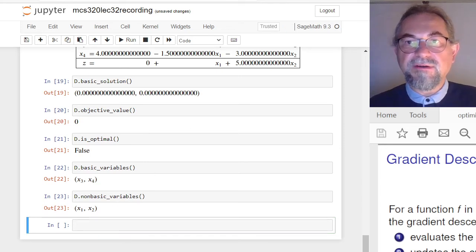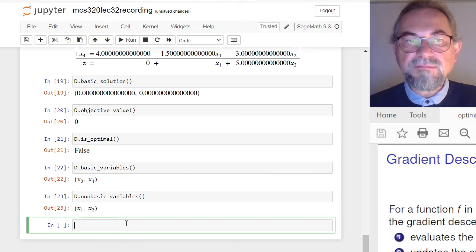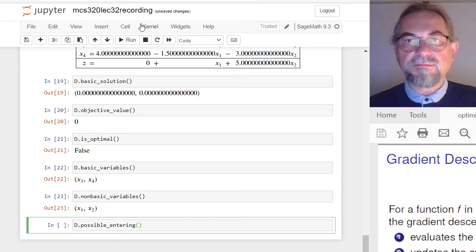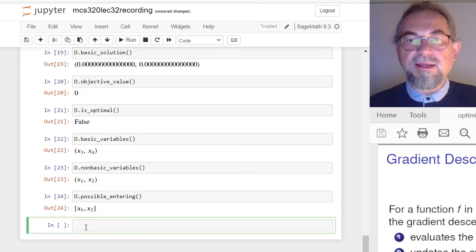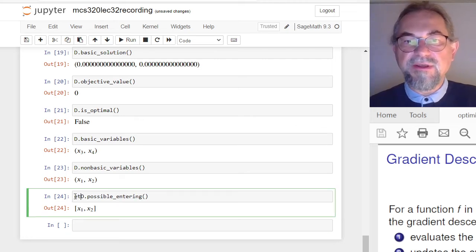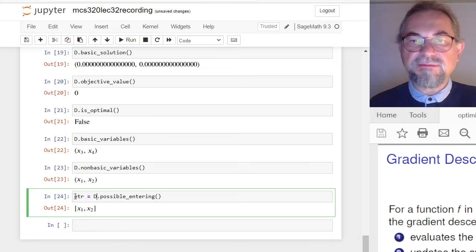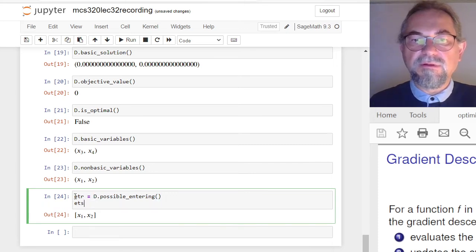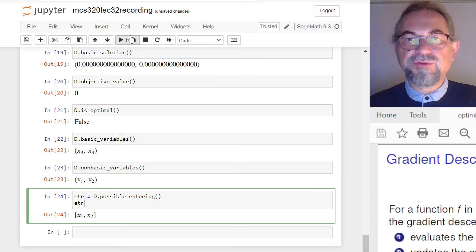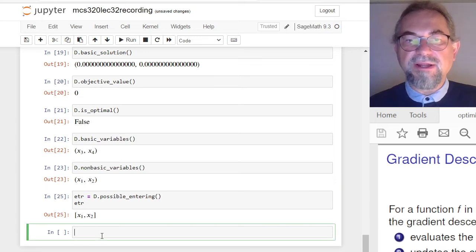So there is a variable that is entering. So I can ask for the possibilities of the ones that are entering. And I can select this, because based on the choice, I can choose to enter either x1 or x2.